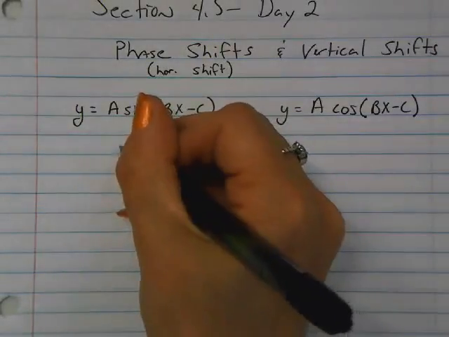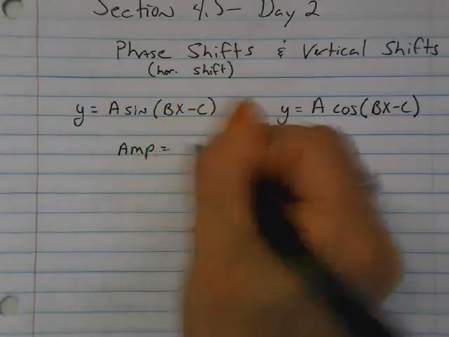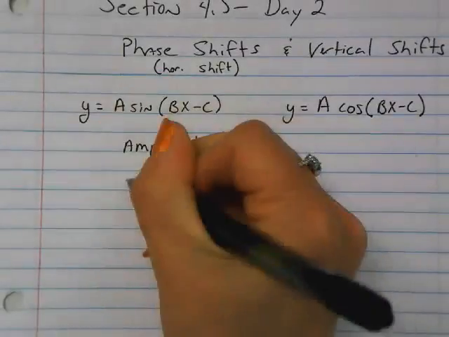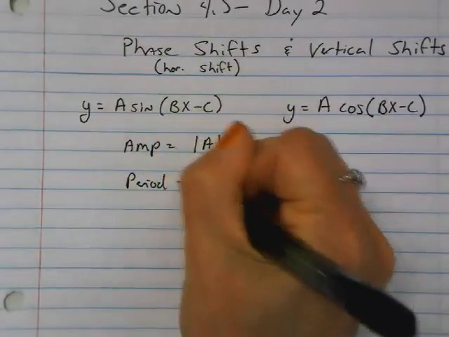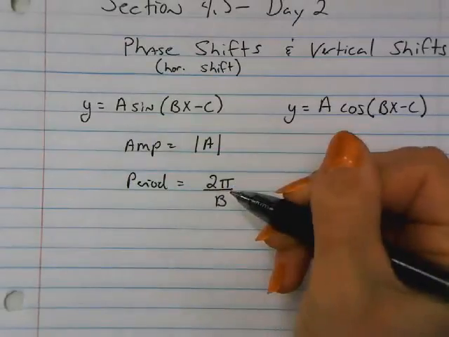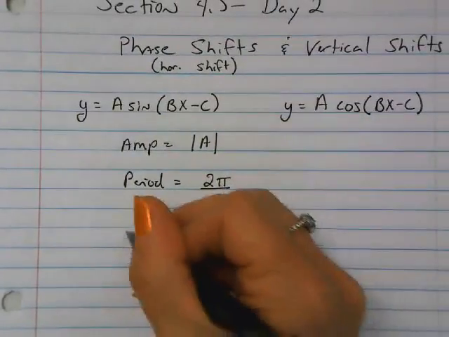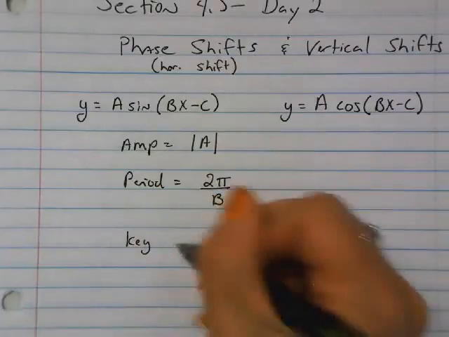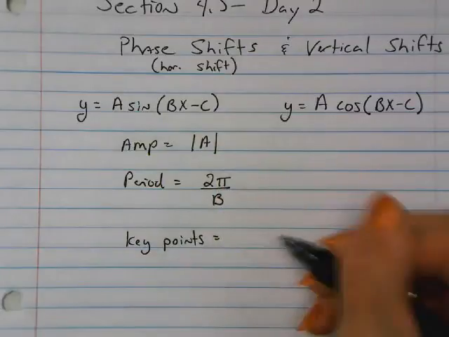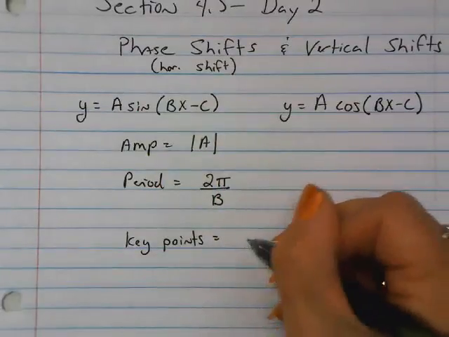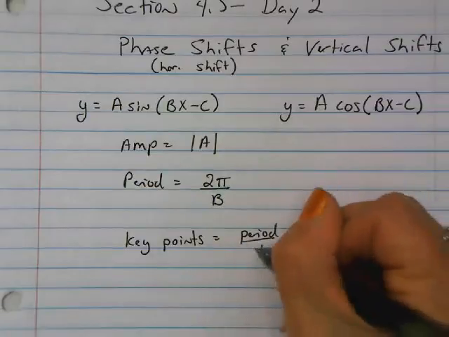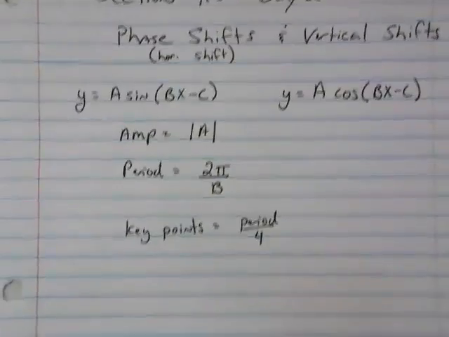We know that the amplitude is the absolute value of A, whatever's in the front. We learned yesterday that the period was 2 pi divided by B. We know the key points, or the little intervals, I call them key points. I don't know that anybody else calls them that. To find where your next key point would be, you're going to continuously add the period divided by 4 to wherever you left off at your last interval.